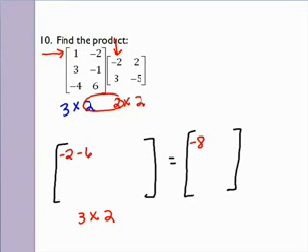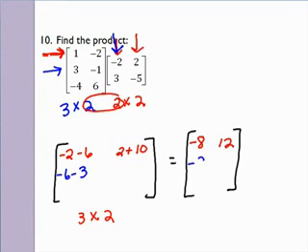And the same row by next column, you get 2 plus 10, which is 12. We move to the next row, and we go back to the first column, and we end up with -6 minus 3, which is -9.